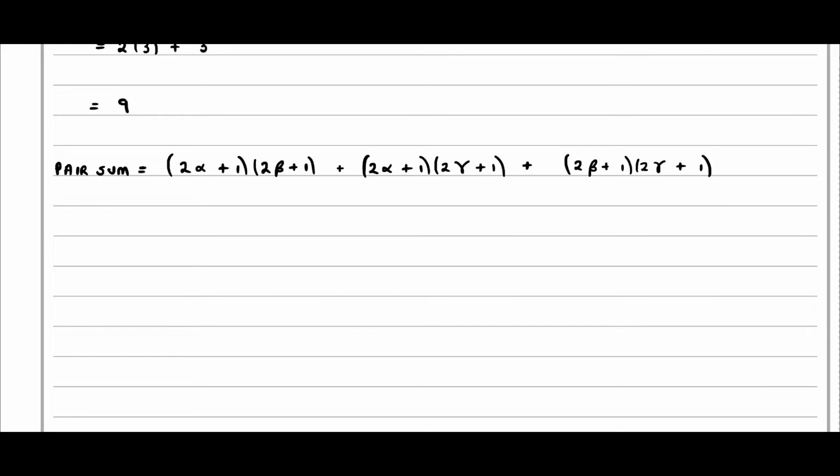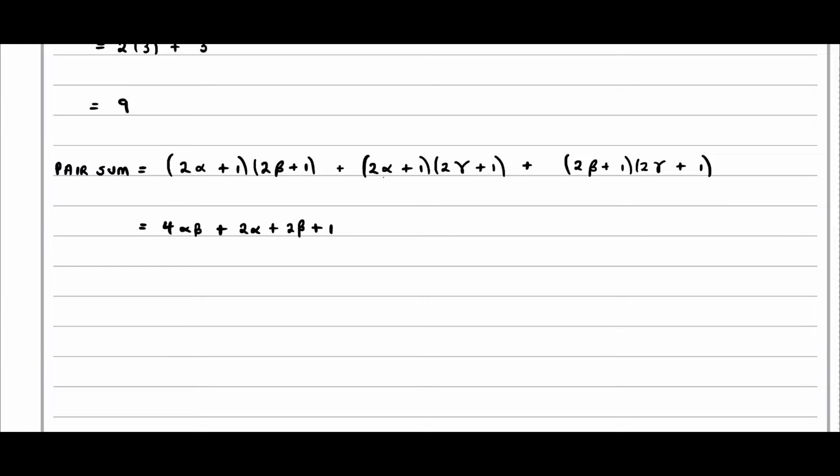So, working this out, 2 alpha times by 2 beta, that's 4 alpha beta. 2 alpha times by 1, that's 2 alpha. 1 times by 2 beta, that's 2 beta. 1 times by 1, that's 1.